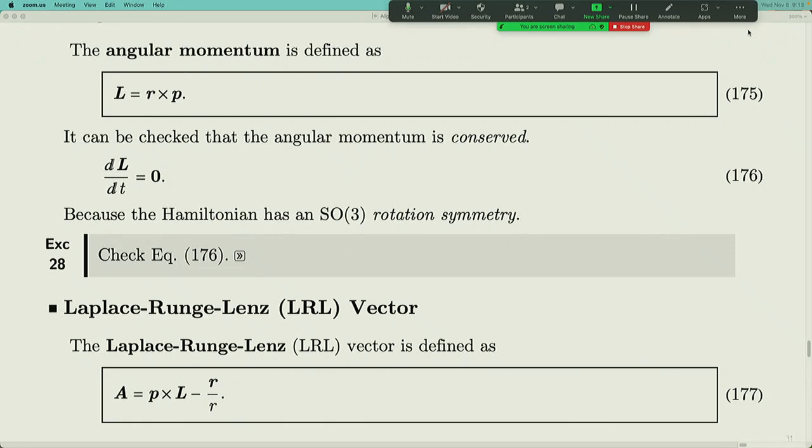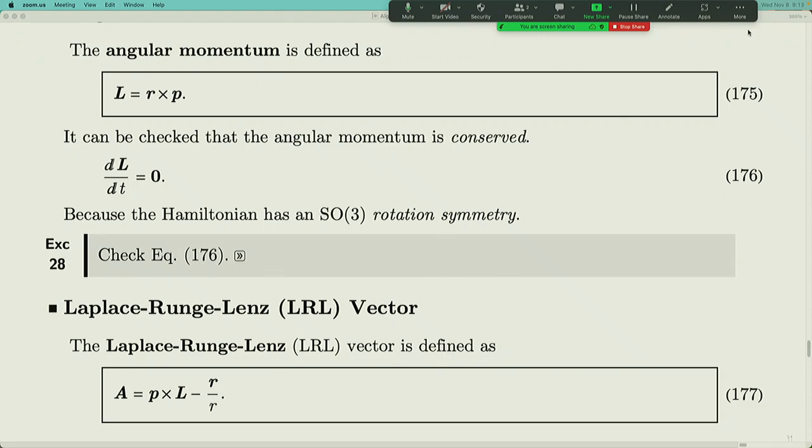But suppose this new vector is related to the old vector by some matrix O, where the vector is a 3-component, 3-dimensional vector. So this O is basically a 3 by 3 matrix, such that a 3 by 3 matrix times a 3-component vector gives you a new 3-component vector, right?